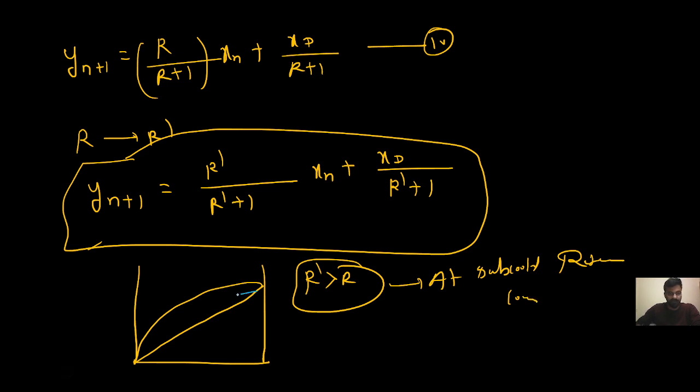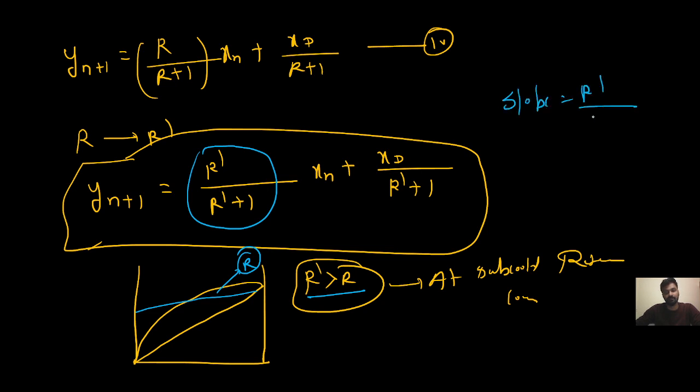If this is the equation of your operating line, since R dash is greater than R, the slope is R dash upon 1 plus R dash, right? So in that condition, the operating line will be like that.